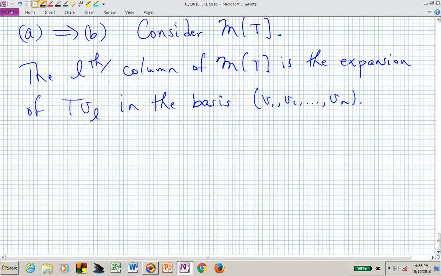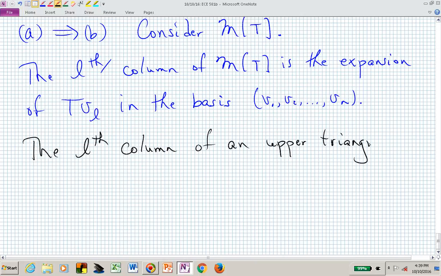But what do we know if we're given A? If our matrix representation is upper triangular, what does the nth column of that matrix representation look like?